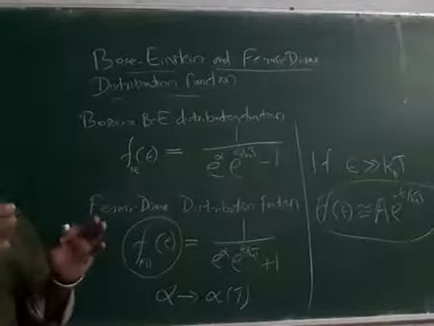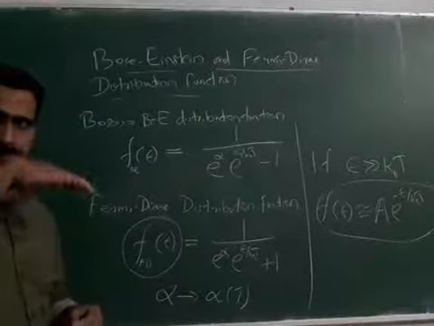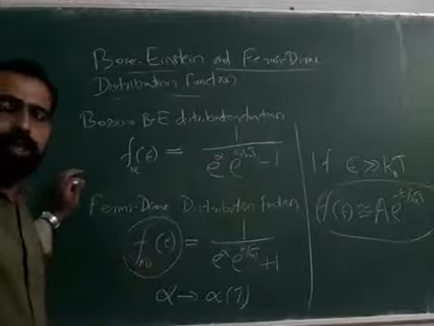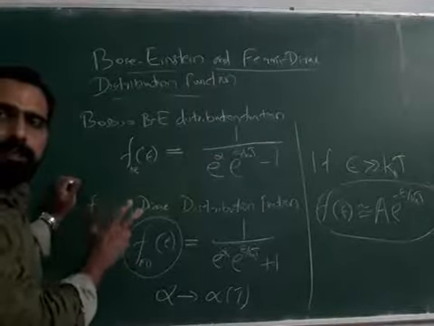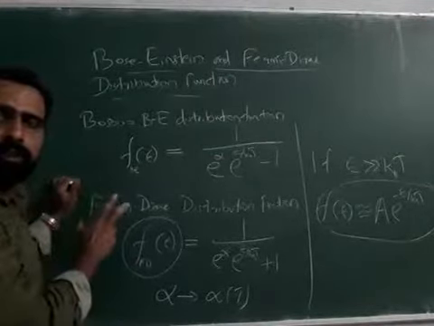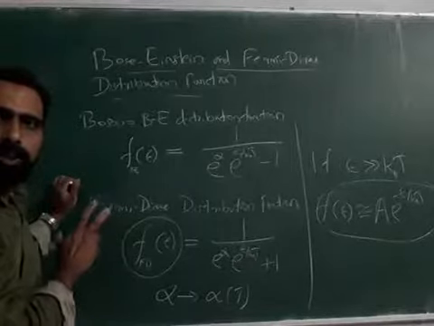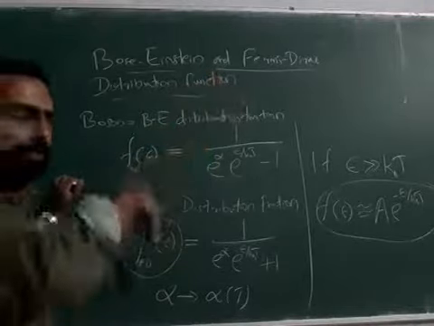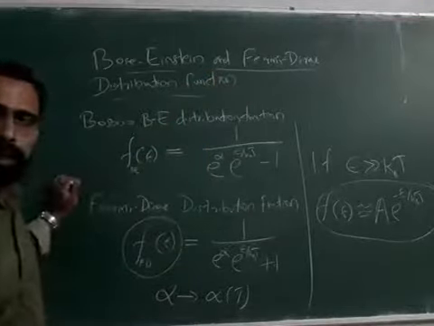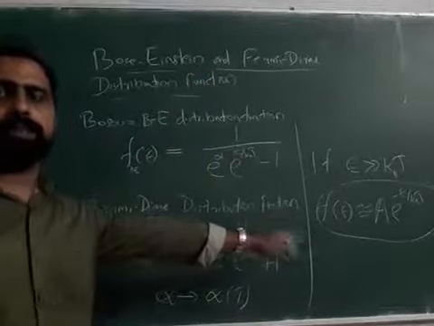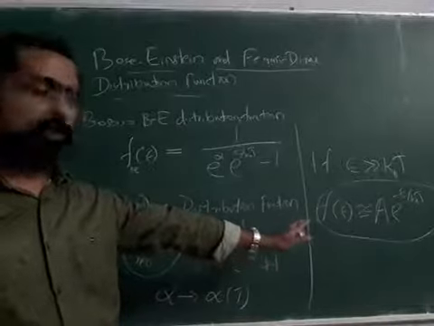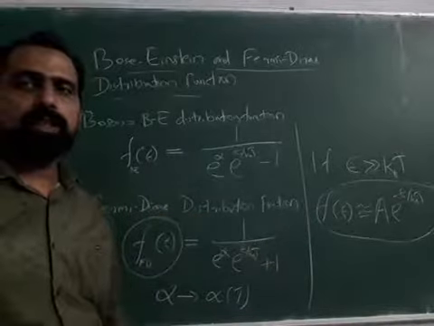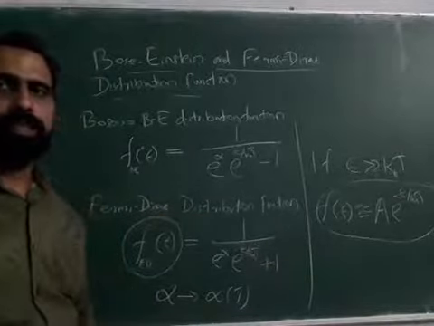That is, if the energy of the particle or the energy level is very, very high, then in both cases, whether it is the Fermi-Dirac distribution function or the Bose-Einstein distribution function, it converges to, or simply becomes, the Maxwell-Boltzmann distribution function. That is the distribution function for the distinguishable particles.